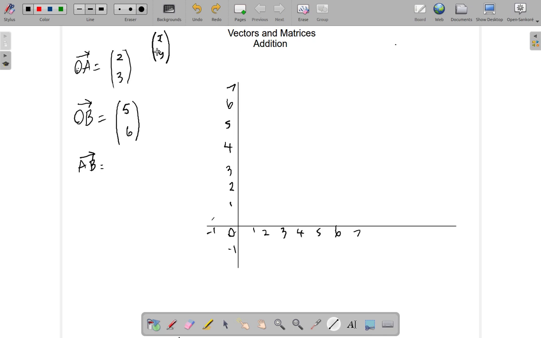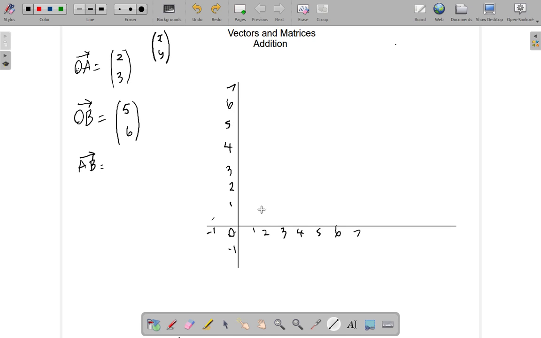The 3 tells me how far up along the y-axis I should go.